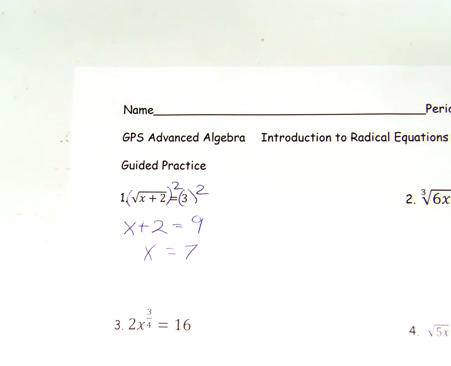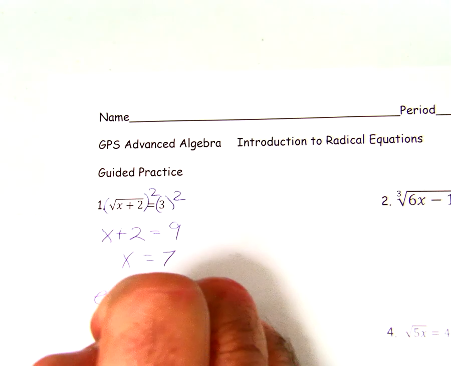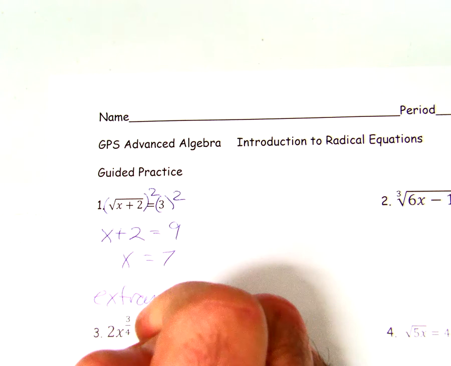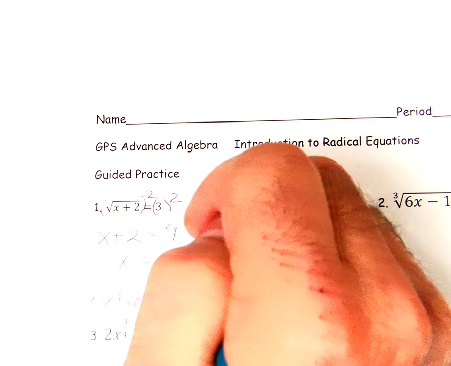What I need to do is check the answer, because often when we square these radicands, we're going to end up with one or more solutions, and some of them may be extraneous. And that's a big word for doesn't work. So we want to be sure that our solutions work, because if they don't, it's not a solution. Okay, so we're going to plug in 7.